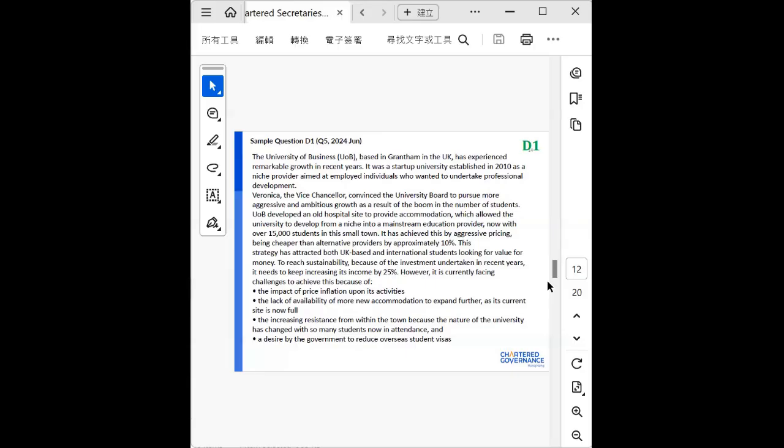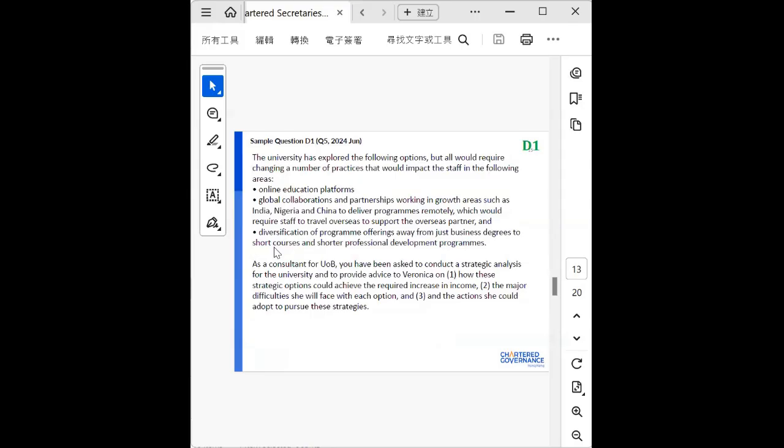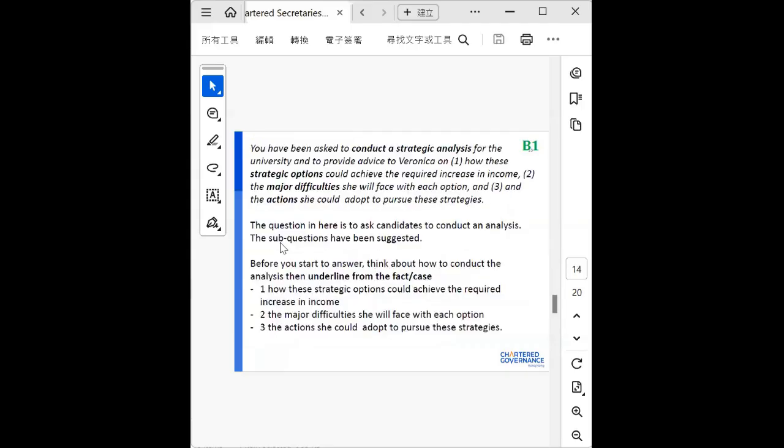Okay, I think this is quite a simple question. The structure is given to you very clearly. You have been asked to conduct a strategic analysis for the university and provide advice on whether the options can achieve the required increase in the outcome.